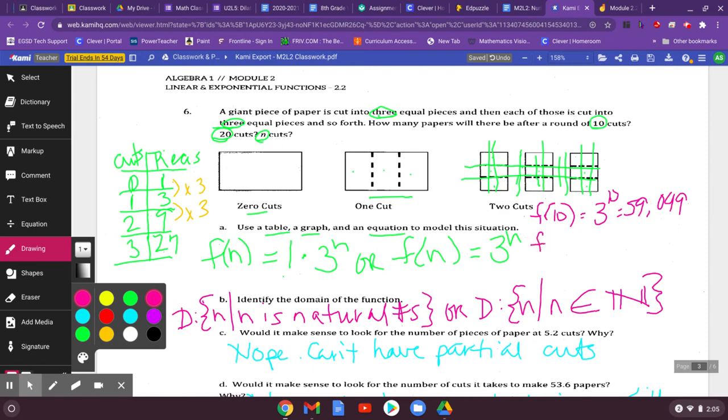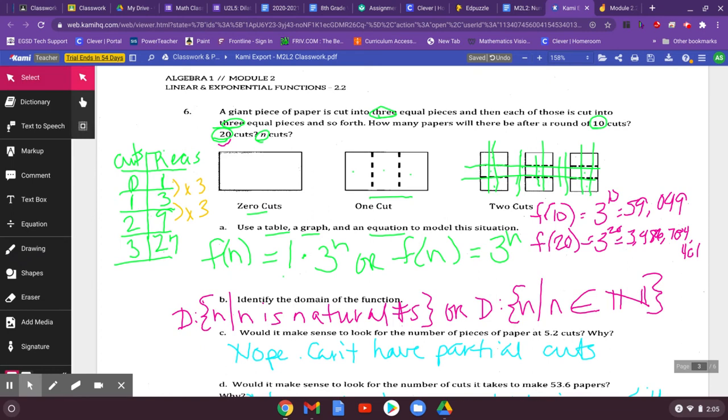And then if we do f of 20, 3 to the 20 is a much bigger number. So that way we didn't forget to answer all those questions. So we got our ends, we got our answers to this.